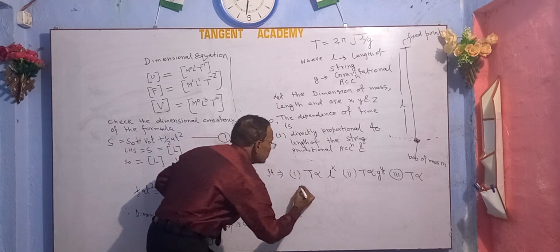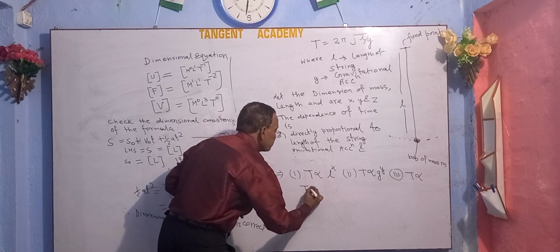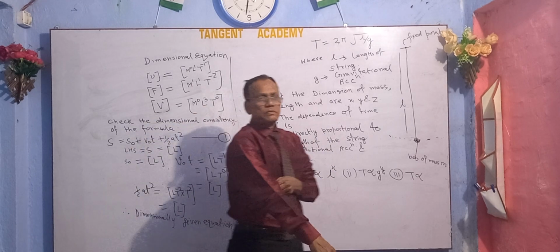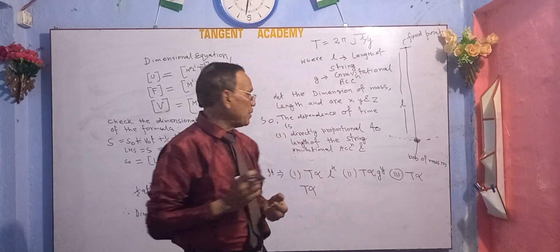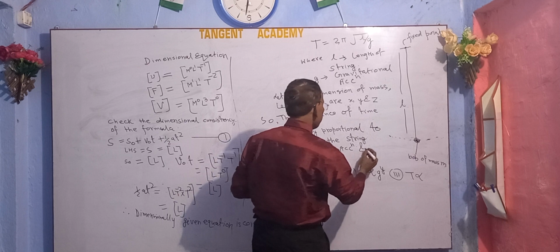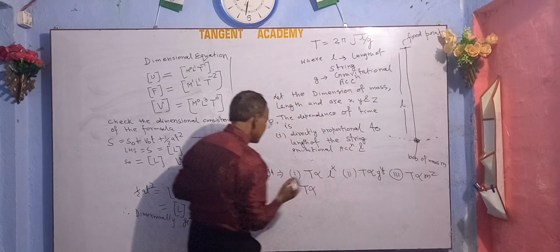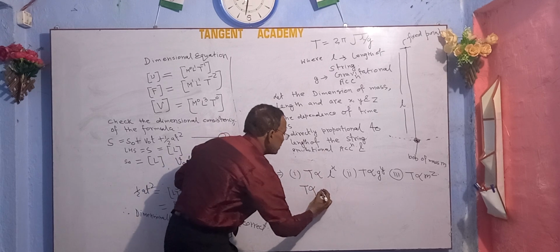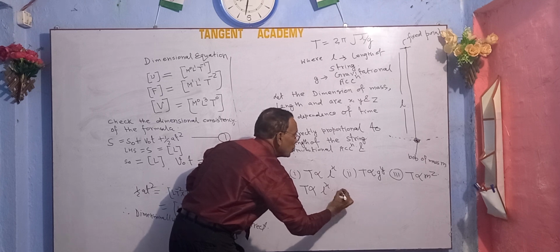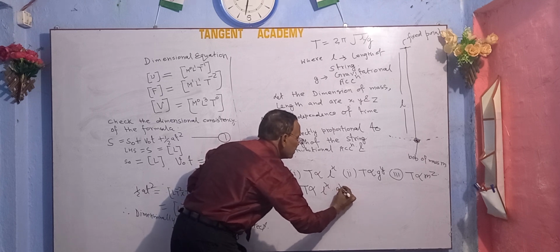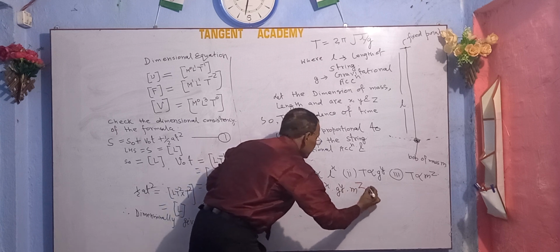Combining these, the time period is directly proportional to m to the power z. T is directly proportional to L to the power x into g to the power y into m to the power z.